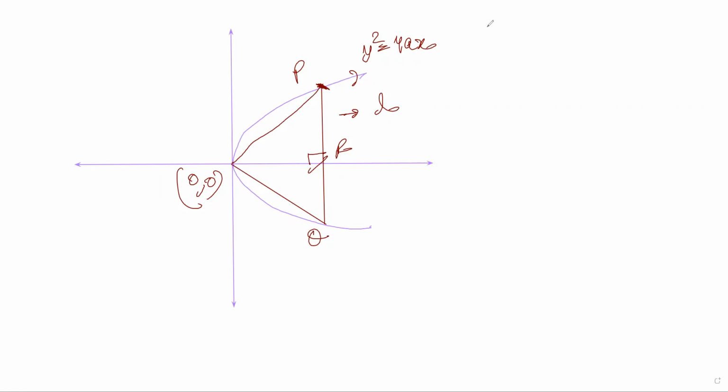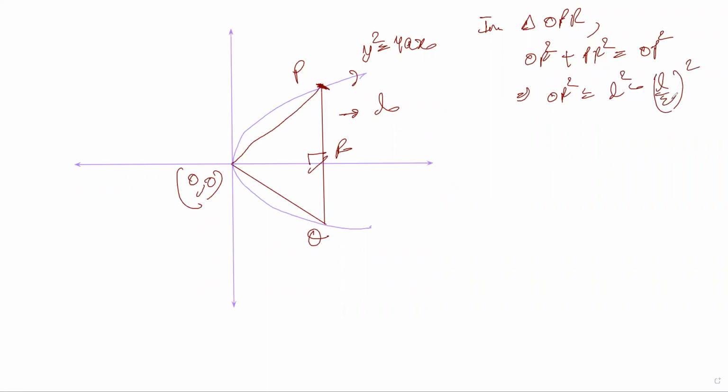So for this triangle OPR, OR square plus PR square is equal to OP square. Hence OR square can be written as OP square, which is L square, minus L by 2 whole square, which is L square by 4. So OR square is 3L square by 4.